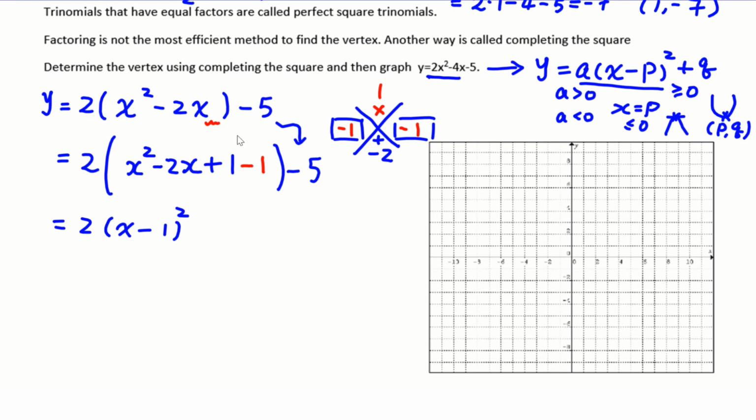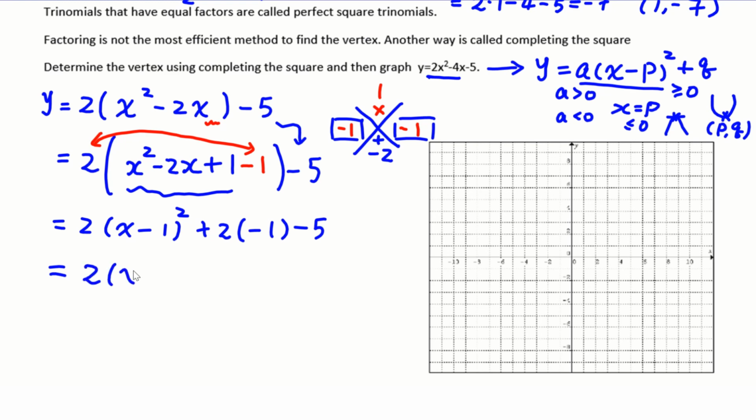Okay, so x squared minus 2x in the bracket, 2 times -5. Then we use the first 3 terms to get a perfect square. We didn't use the last term, so we are going to take that one out. So plus 2 times this -1, then -5. We collect the like terms, so 2 bracket x minus 1 bracket squared, -7.